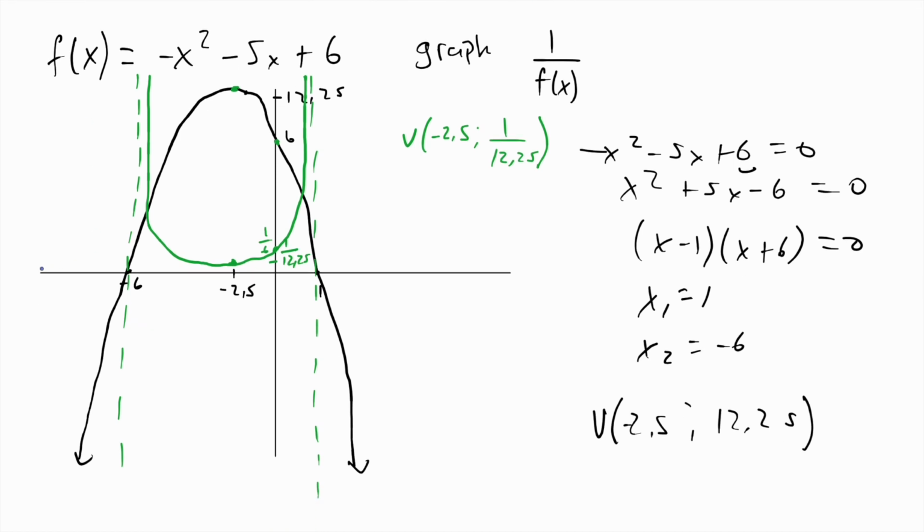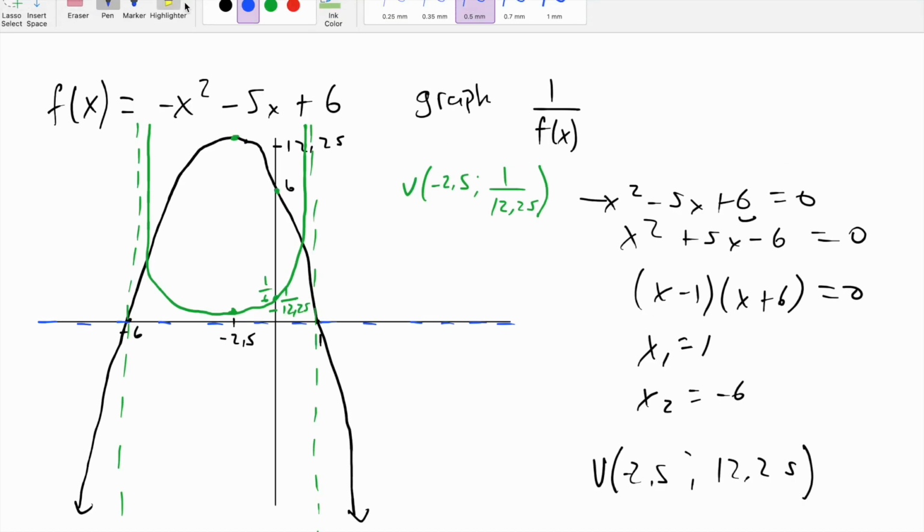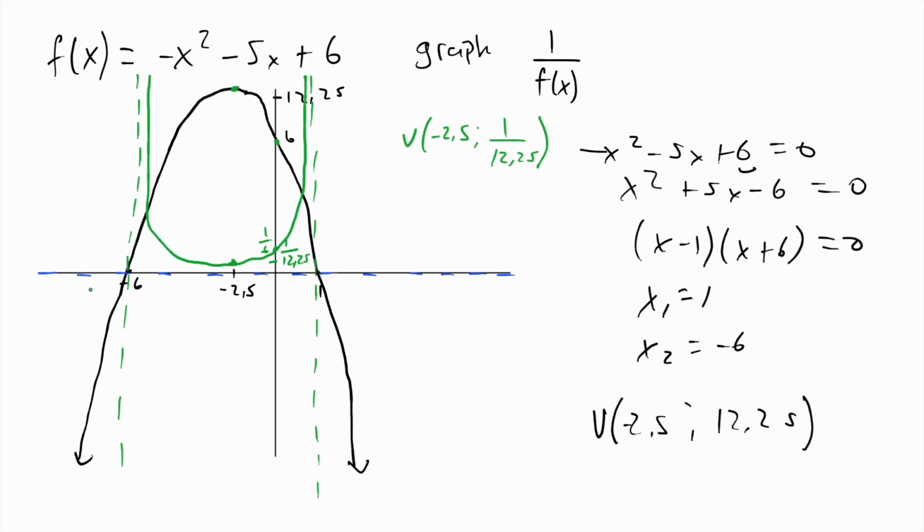In this case, it's always going to be 0 because anything divided by f of x can never be equal to 0. So our horizontal asymptote is 0. And then we're left with the left and right sections.